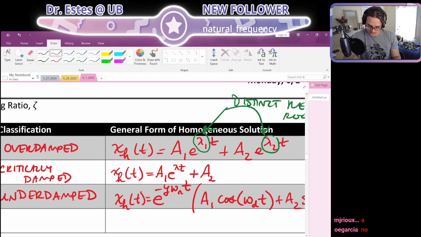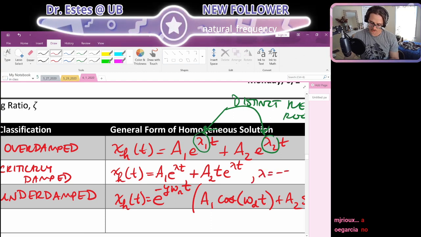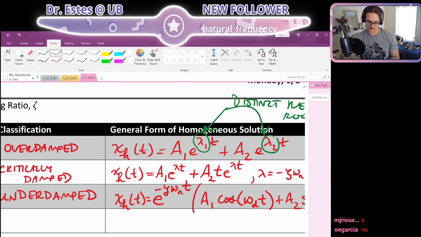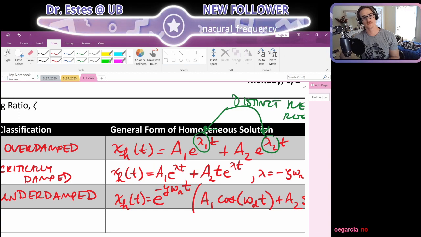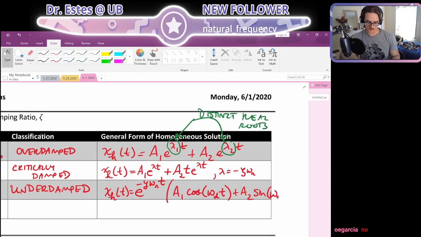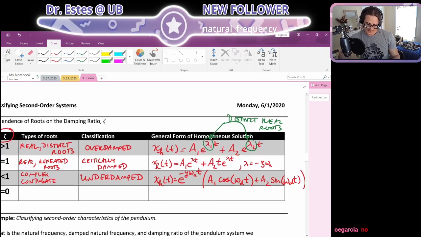A2 times t, that's the interesting part, e to the lambda t. And we know that lambda is minus zeta omega n in this case. All right, we're almost done classifying because we have 3 of the 4 types.